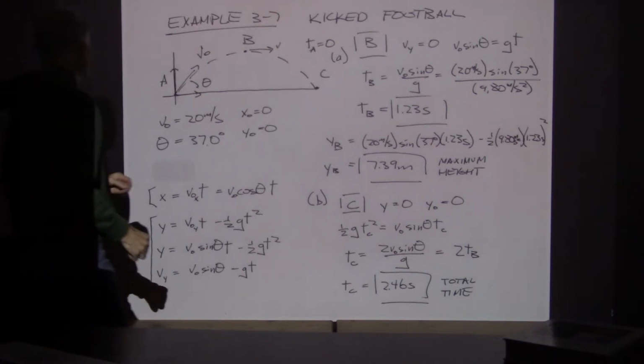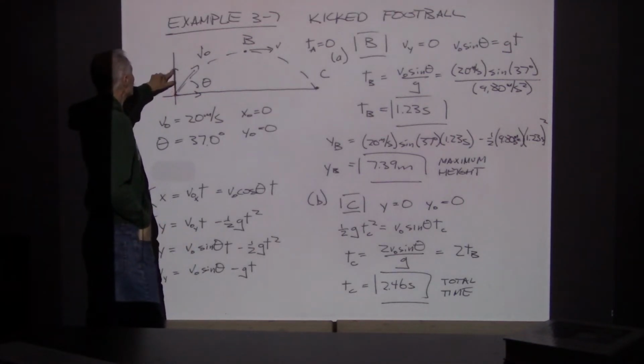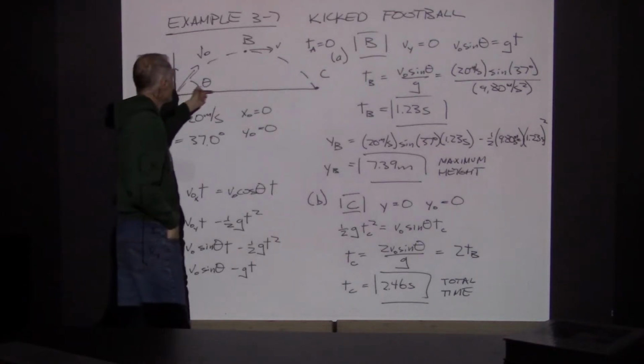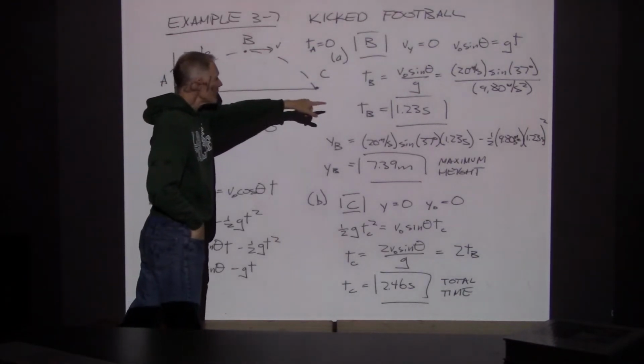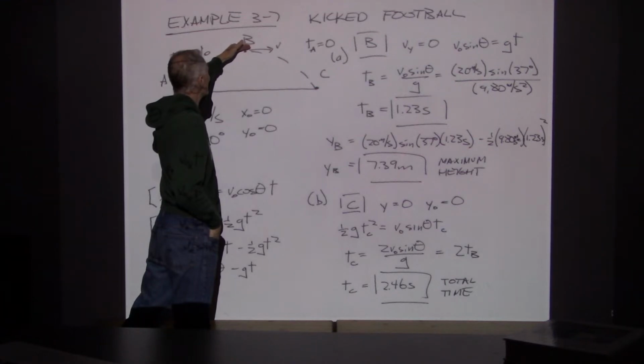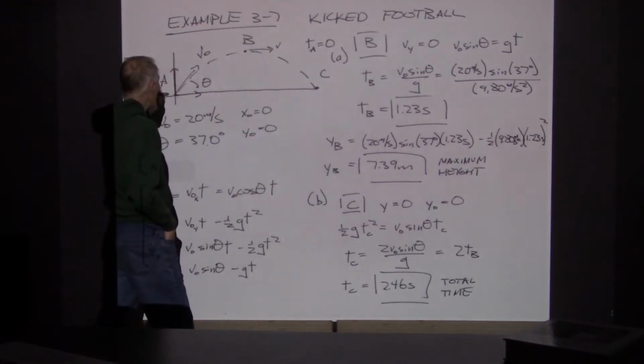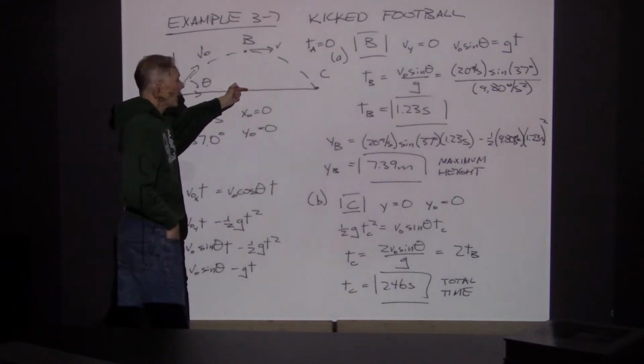Now the football didn't get kicked exclusively in the vertical direction. There's also horizontal motion going on. Once I know how much time it takes to get to the top, I can use that to determine how far down range I will be.